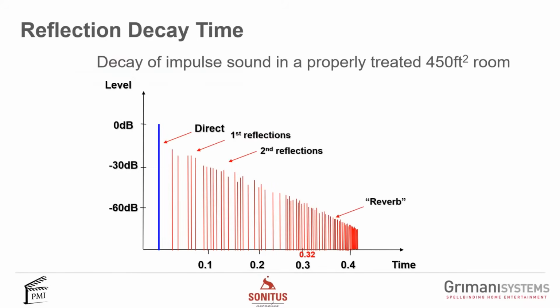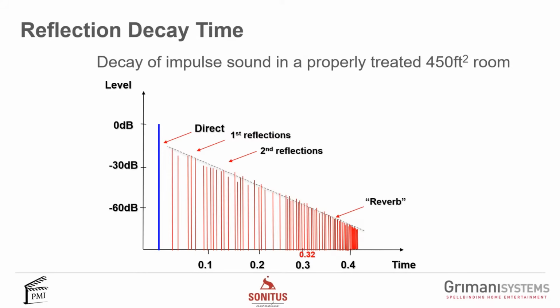Ultimately, if you did a histogram of the reflected energy in the room after an impulsive sound, let's say you clapped your hands and you looked on a microphone at how the pulses are coming over time, in a room that's done correctly, you would want the energy to fall off evenly, not have a clustering of it.